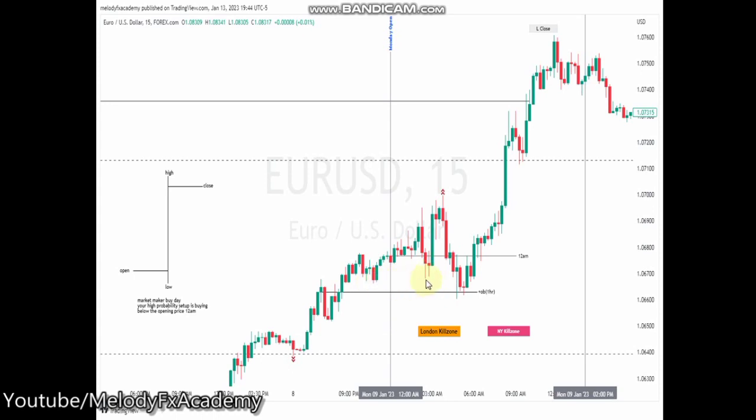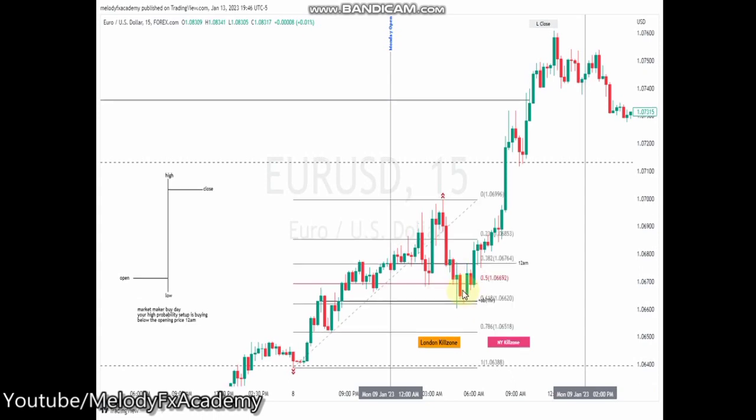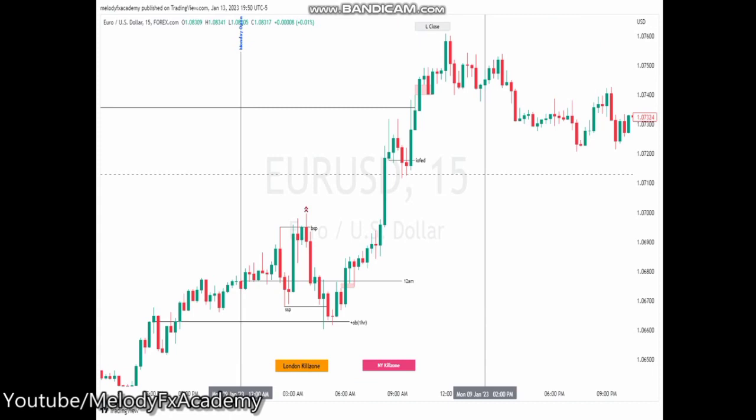So what is residing below this relatively equal low is sell side liquidity, right? We have sell side liquidity residing below that relatively equal low, and an order block sitting right below it, okay. So you can see the number of confluences I have. So the more confluence you have behind your setup, the more valid it is, okay, the more confidence you should have in it, okay. So now what happened is that price dropped immediately into that order block, okay.